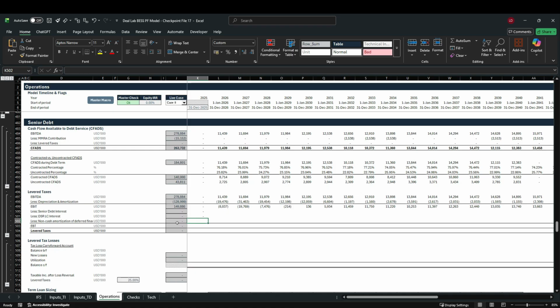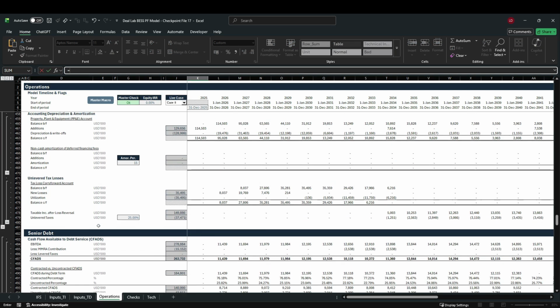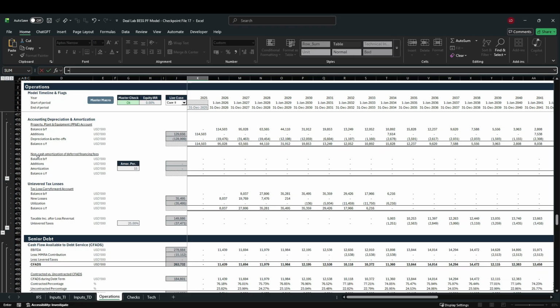And we have modeled this in our previous lesson up here, where we set up the account for non-cash amortization of deferred financing fees. And the amortization is reflected in row 468. And similar to row 462 and 475, this row will be negative.